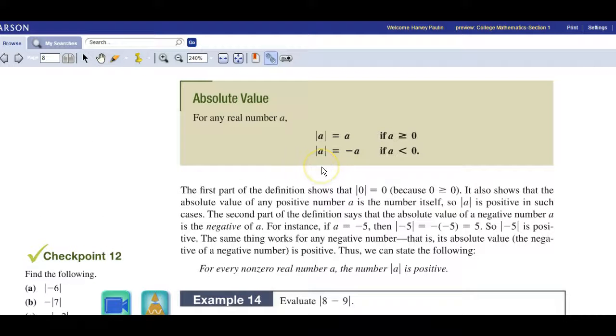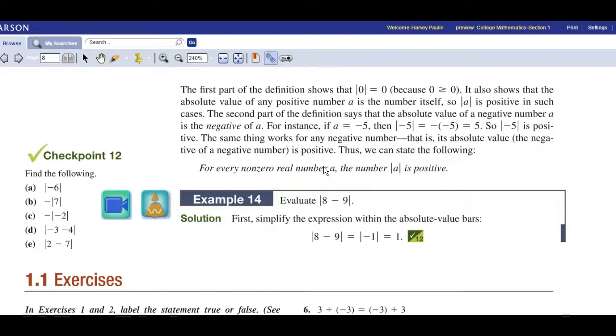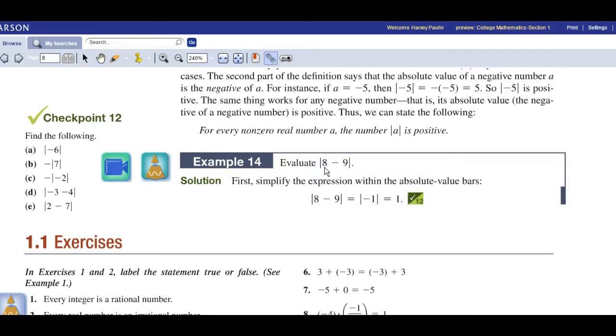And in your textbook they give you some practice. So again, looking at what we see here, the absolute value of this, you're asked to do the computation inside the absolute value sign as if it were a grouping symbol. This gives you a -1. Now you do the operation. The absolute value of -1 is 1.